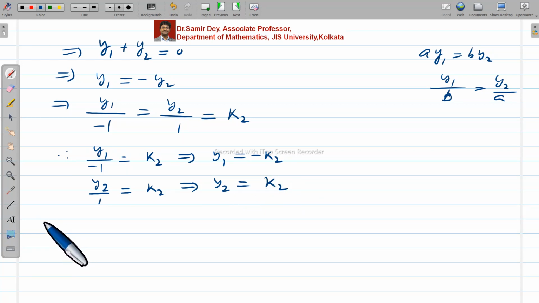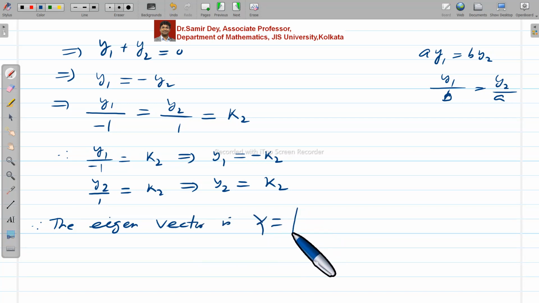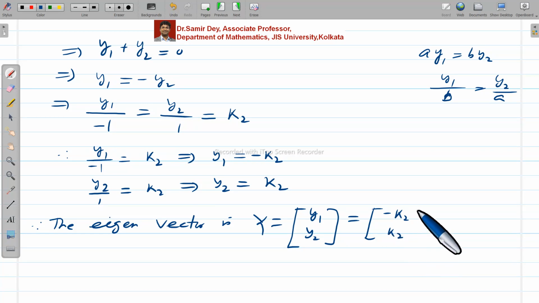Okay, so therefore you write down the eigenvector y is equals to y1 y2. So here you may write minus k2 and k2.